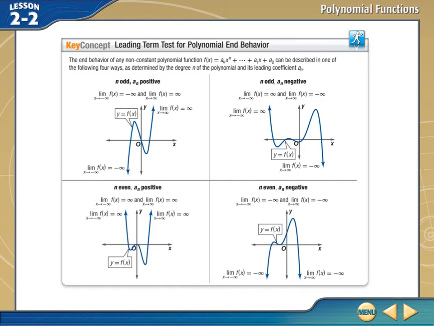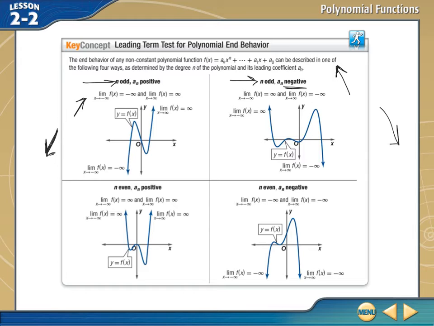So if your degree is odd and it's positive, we are going to have the left side down and the right side going up. If the degree is odd and the leading coefficient is negative, on the left-hand side, it's going to be up. And on the right-hand side of the polynomial, it's going to be down.